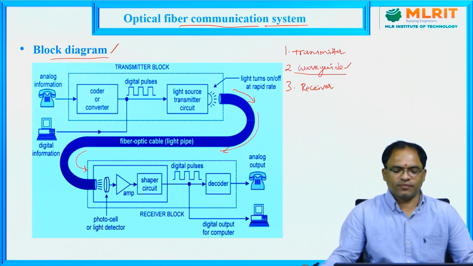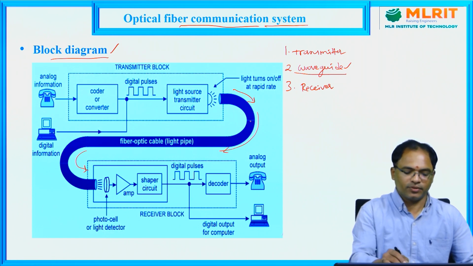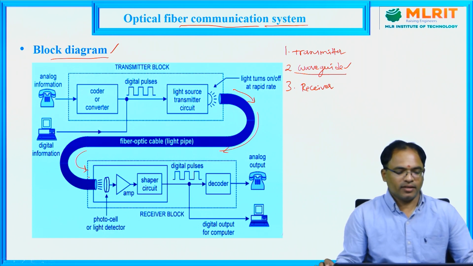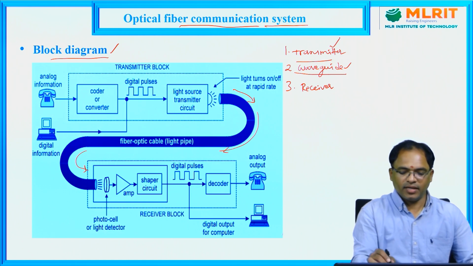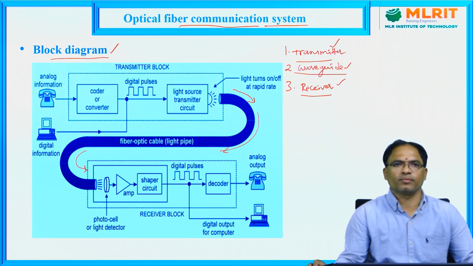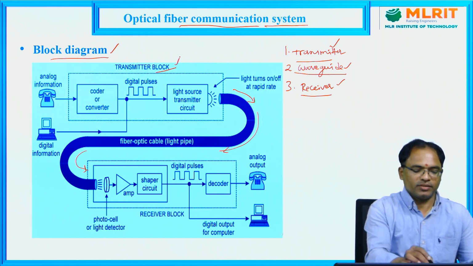So in this case, the waveguide is nothing but an optical fiber which carries information in the form of light from transmitter to receiver. The first part of the optical fiber communication system is the transmitter, and the third part is the receiver.